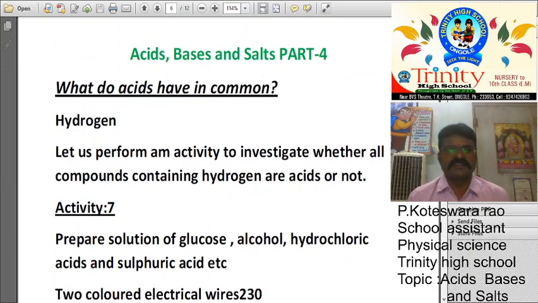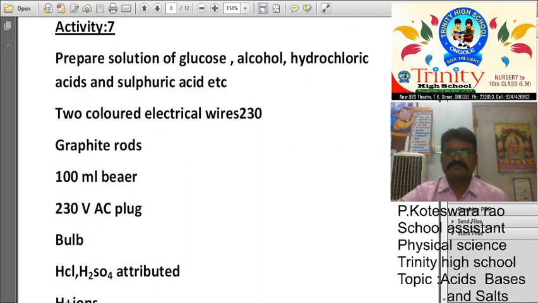Come on, you can tell your answer. Hydrogen ion, H plus ion. Very good. So, if all acids have H plus ions, is it possible for everything with hydrogen to act as acid? Not possible.